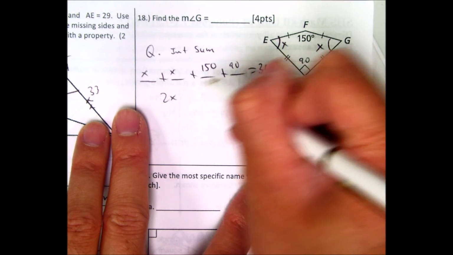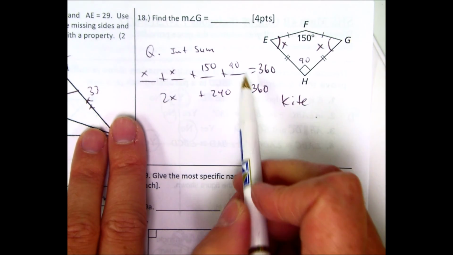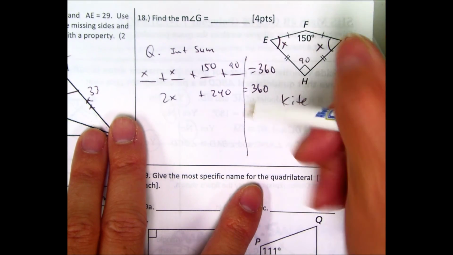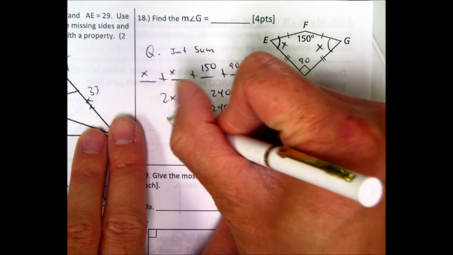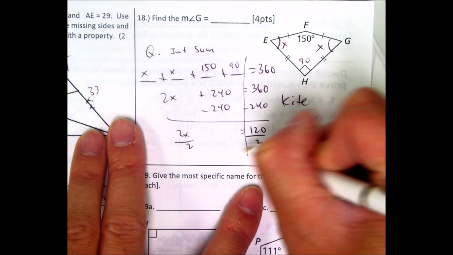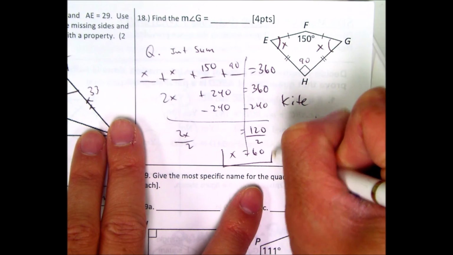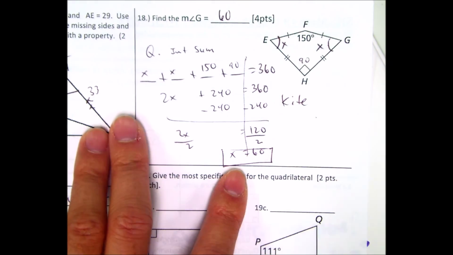Combine like terms, 2x plus 240. Notice on one side of the equation, you're not really doing opposites. So I'm going to go backwards from PEMDAS, subtract 240. I got 2x equals 120, divide by 2, x is equal to 60. So 60 is the measure of angle G.